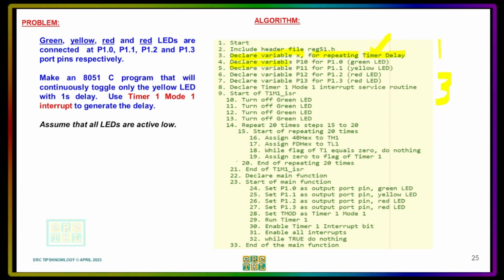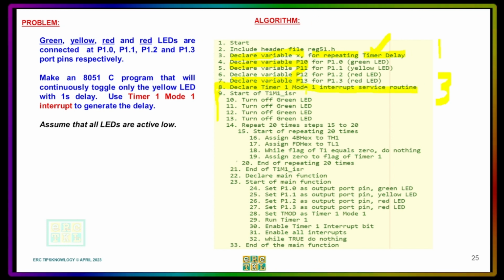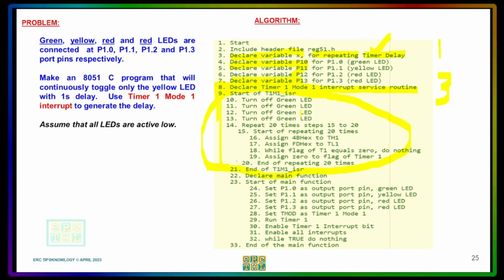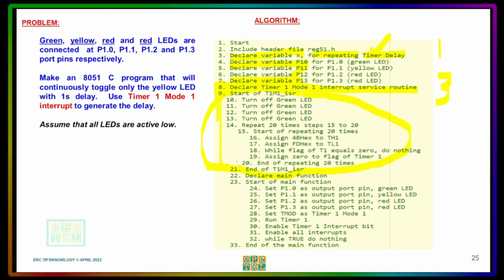Now the declaration of the ports again here, and then we have step number 8, which declares the timer 1 mode 1 interrupt service routine, from number 9, start of T1 M1, up to number 22. I should have put the 22 here on the left, but this part is the important part for the interrupt. T1 M1 ISR means interrupt service routine. So what is an interrupt?